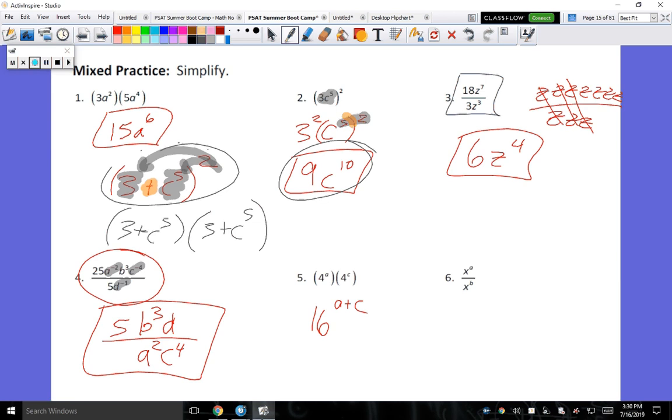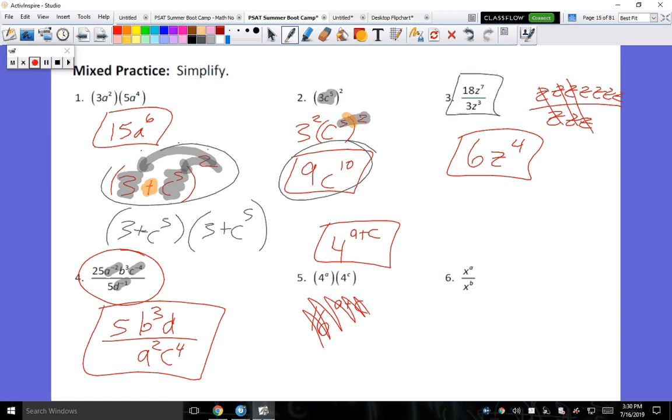What do you do with powers when the base is the same and you're multiplying? You add. So the answer should have been what? 4 to the power of a plus c. Okay? A lot of people might have missed that one, okay? So please, please be careful on that.